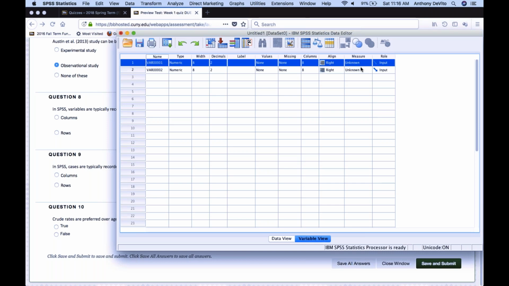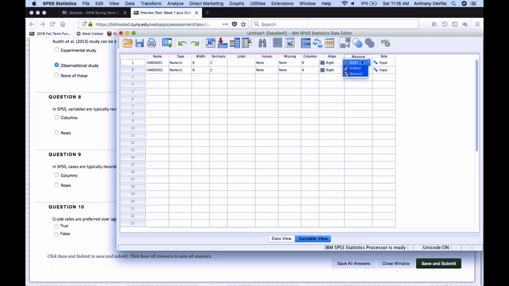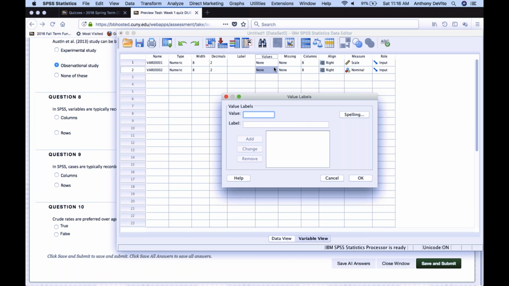So for right now, SPSS sees these as unknown variables. Well, this one we know is age, so I'm going to call it a scalar variable. This one we know is gender, so I'm going to call it a nominal or categorical variable, if you want to use that term. Since it's a categorical variable, I can define values for it.